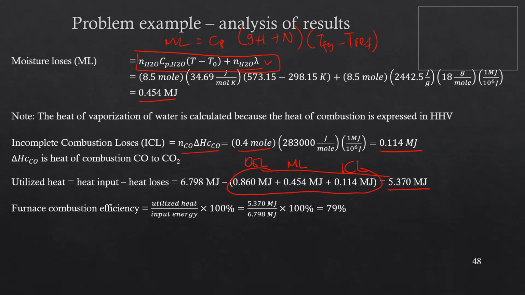Then we can calculate the furnace combustion efficiency, where the utilized heat is divided by the input energy, or the difference between the heat input and heat losses divided by input energy times 100%. Then we will have this boiler efficiency or the furnace combustion efficiency.